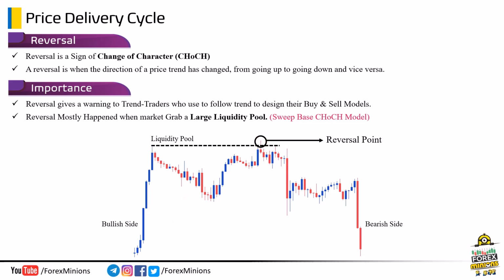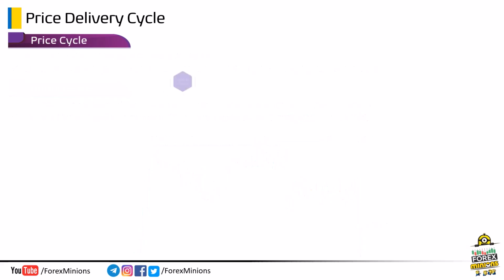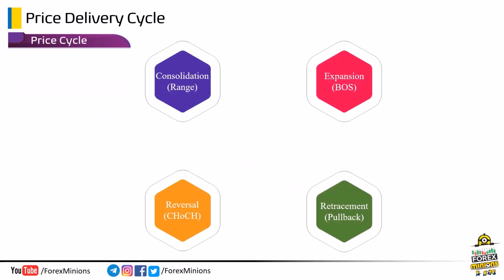Now, let's study the price cycle. For price, these are 4 main pillars, or you can say 4 basic elements: consolidation, expansion, retracement, and reversal. Now the question is how these elements actually work in the form of a cycle? Well, whenever there is consolidation, the market will mostly proceed towards an expansion phase.